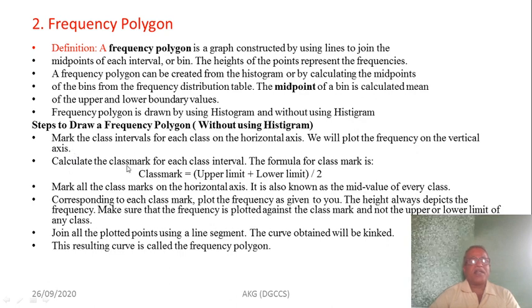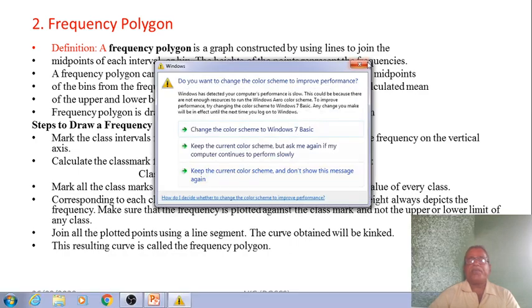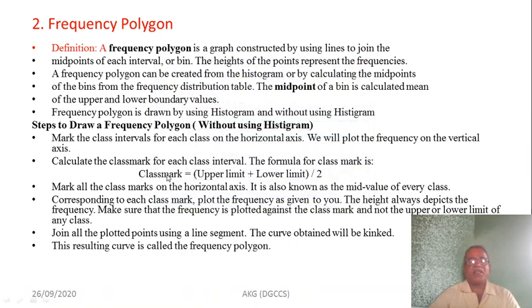Calculate the class mark, that means the midpoint of each class interval, to prepare a column of class marks. Class mark is equal to upper limit plus lower limit divided by 2. So here, without the histogram, we want to prepare a column of midpoints, that is the class mark. Mark all the class marks on the horizontal axis. It is also known as the mid value of every class.